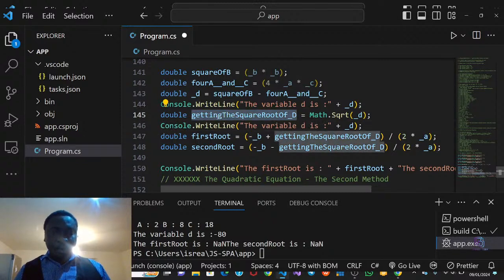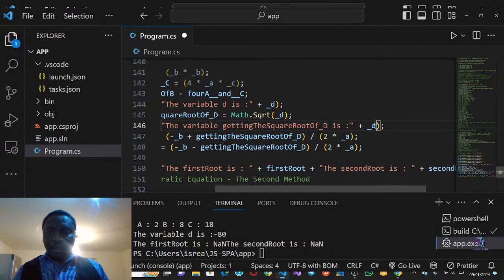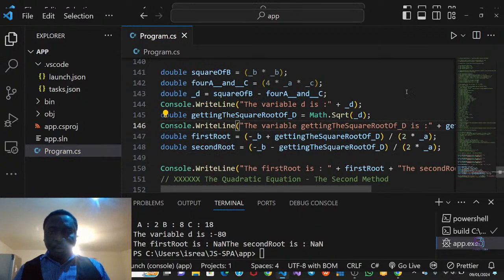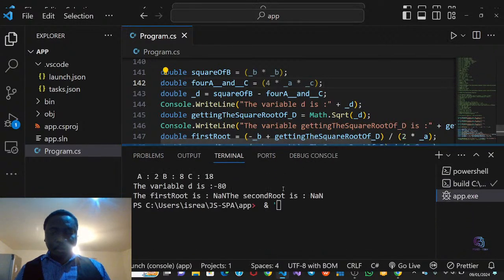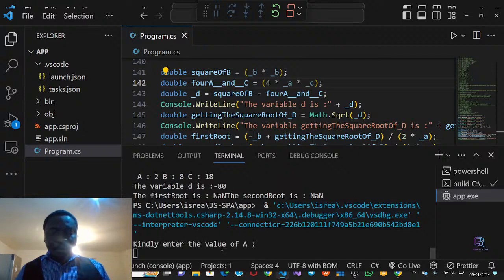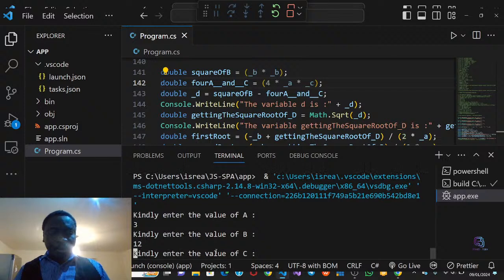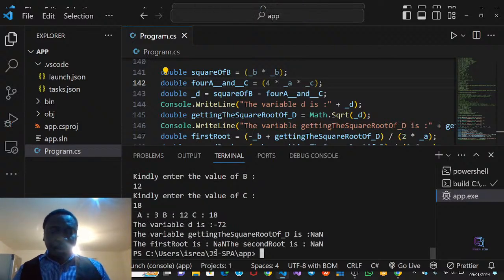The variable, the square root of d. So 3, 12, then 18.